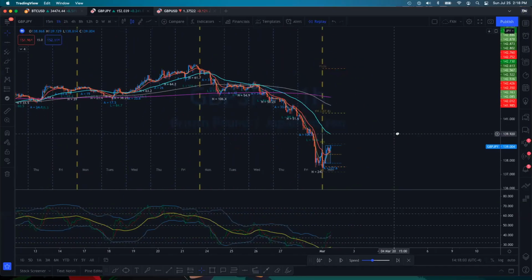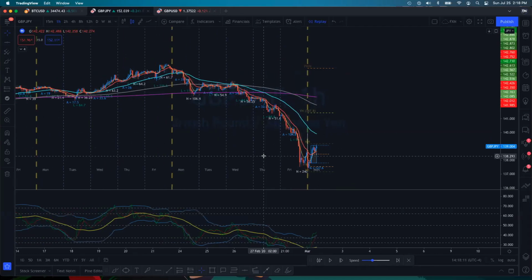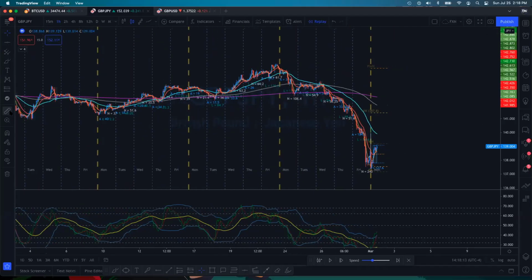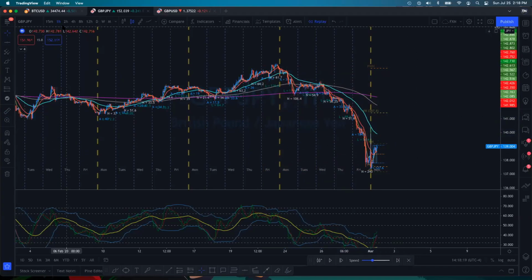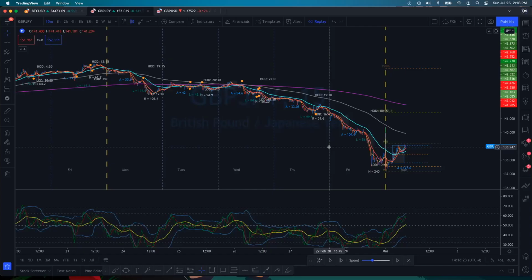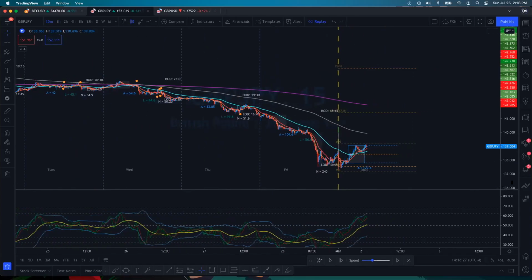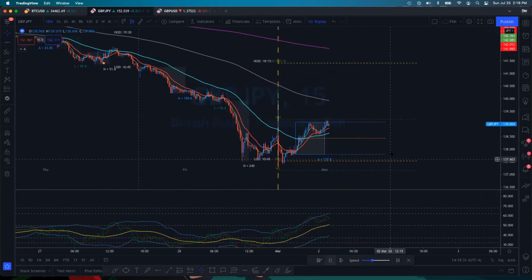We still got a ways. I went up to the 1 hour chart here because we still have a ways before these two cross over to potentially give us a move back up or whatnot. So let's see what happens here.